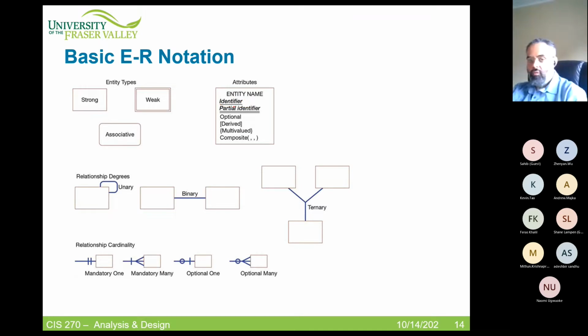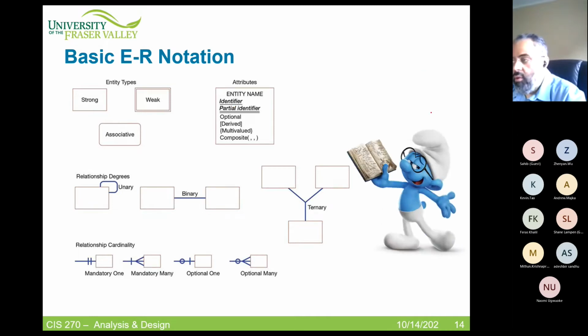So for each special type of attribute, we will use a special notation, like using special braces, based on the attribute types that we define.